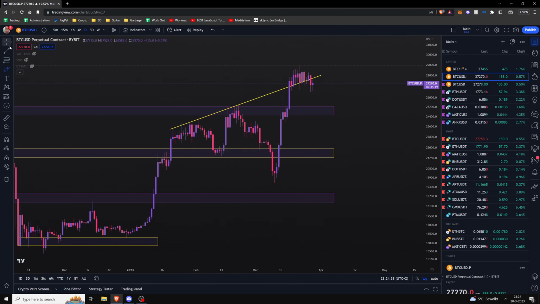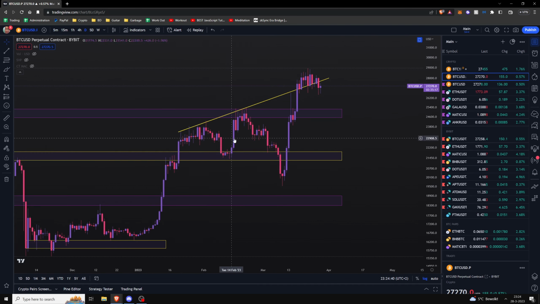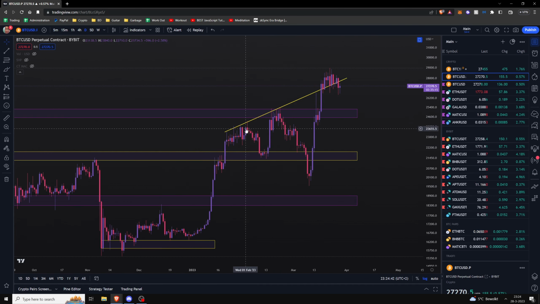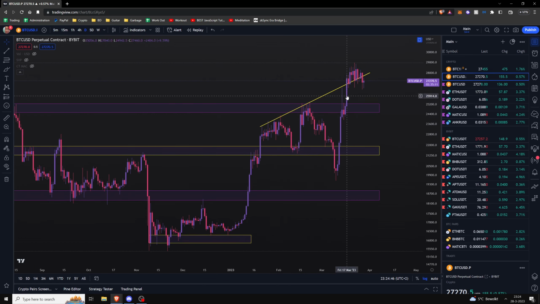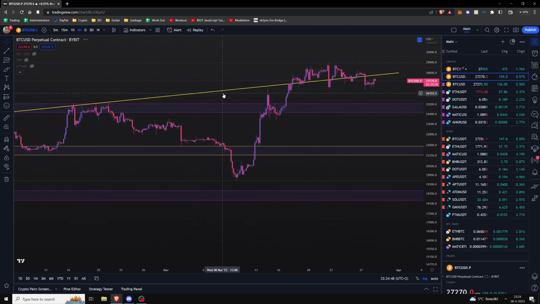But what you also notice is that the greater pullback didn't really come until we got up here, right? And this is where that horizontal line comes in again, because trend lines are very much relevant, but you always want to try to find what we call confluence. You want to find where the trend line lines up with the horizontal line.